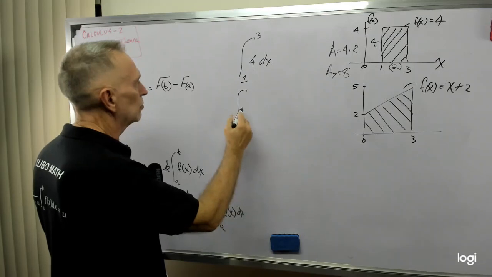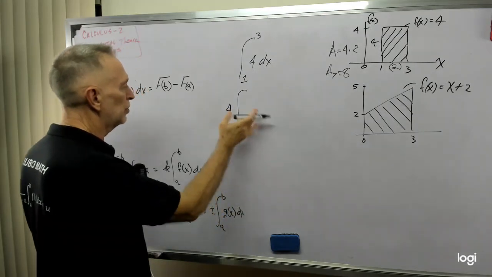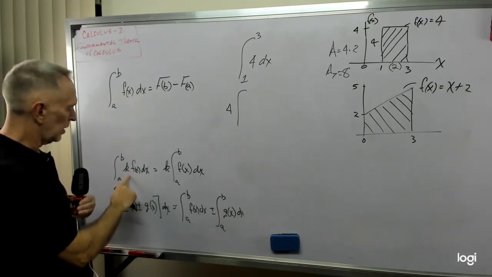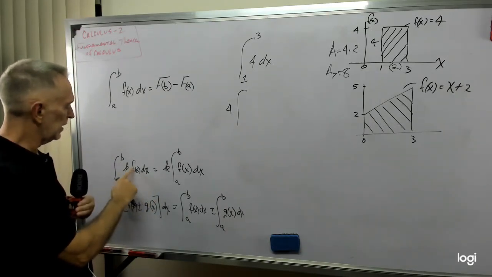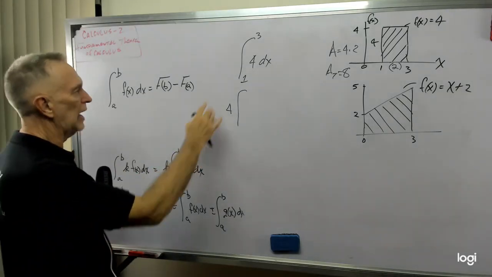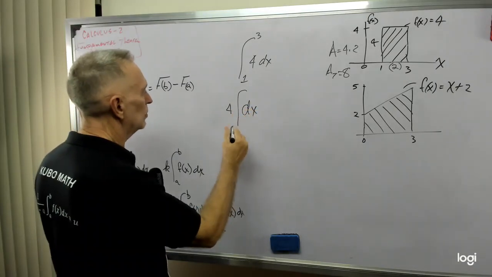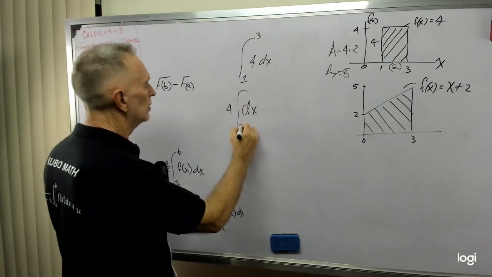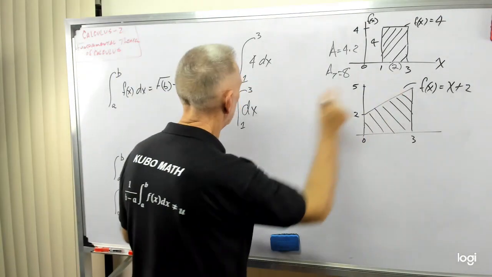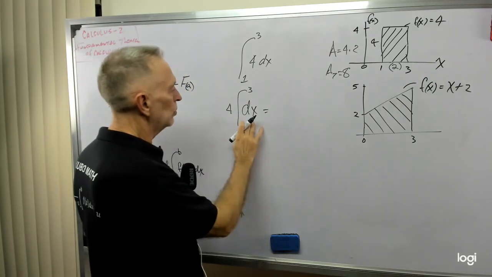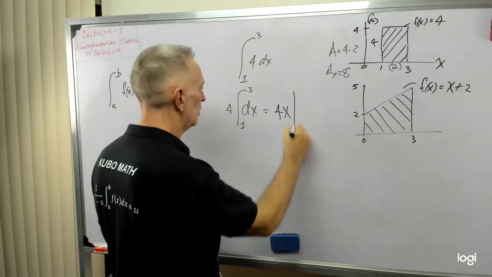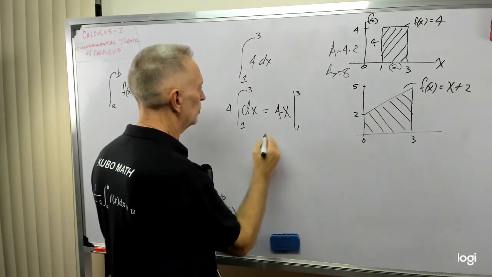You could pull that constant out, which is one of the rules: the integral of a constant k times f of x dx is the same as taking that constant out times the integral of the remaining function. So we're integrating dx from 1 up until 3. You know the rule, the integral of dx is x. So the result is 4x from x equals 1 up until 3.